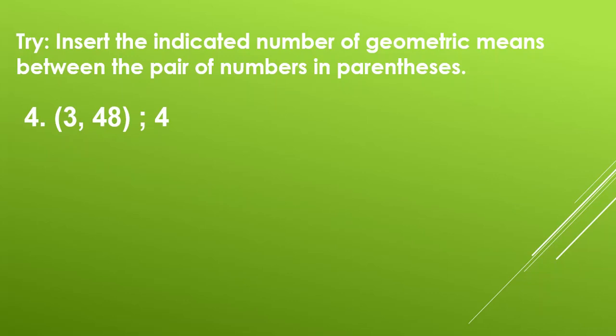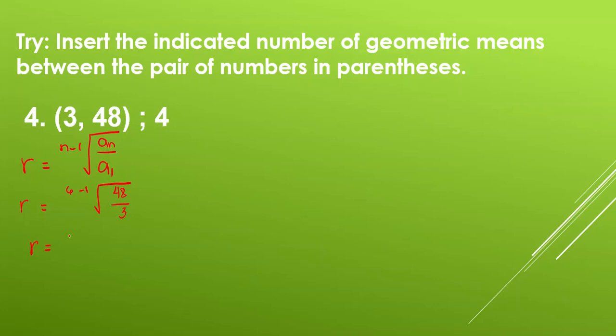Okay, this is a quite challenging example for you. So let's try to insert 4 geometric means between 3 and 48. So again, our common ratio formula is the n minus 1 root of the last term over the first term. So r is equal to, we are going to have how many terms? 6 minus 1, then 48 over 3.